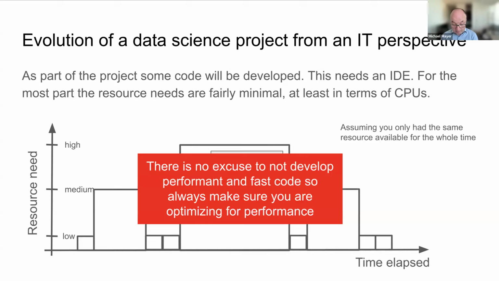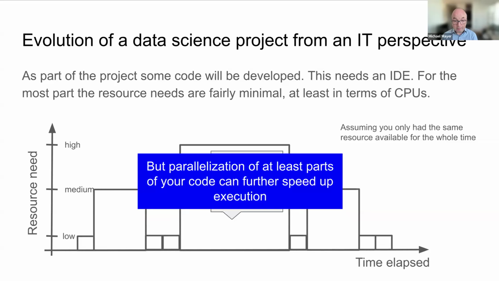All right. This is a disclaimer, and as always, there's no excuse to not write performant code to start with. Optimizing for performance, even without parallelization, is always highly recommended, because parallelization should only be used on code that has been reasonably optimized before attempting it.